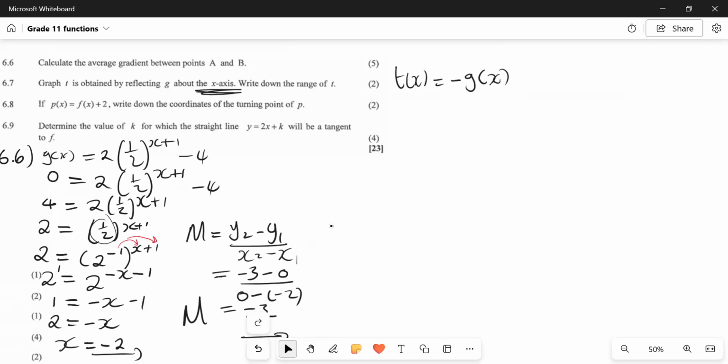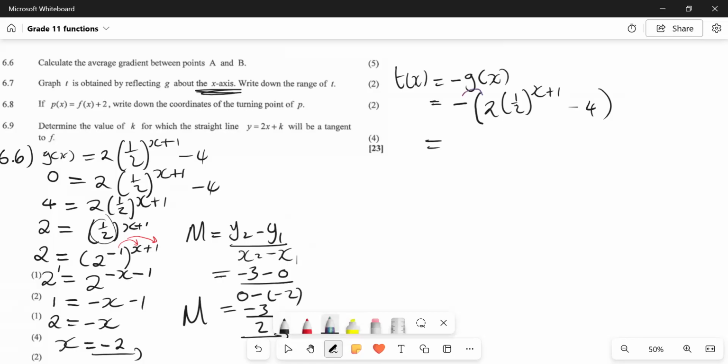But now, don't forget that the graph of G, we have 2, 1 over 2, x plus 1, and minus 4 there. So we're simply distributing the negative 1 there. So you'll have minus 2, 1 over 2, x plus 1, negative times negative, that's plus 4, right?